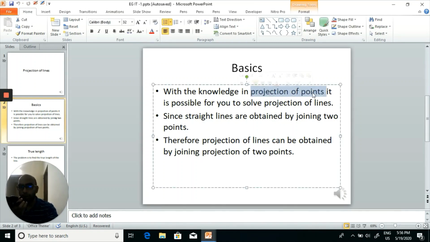If you have a basic knowledge of projection of points, then you can easily understand projection of lines. This is because straight lines are obtained by joining two points, as you already know that. So if you know projection of two points, then you can solve projection of lines.